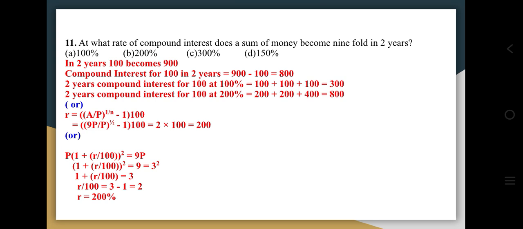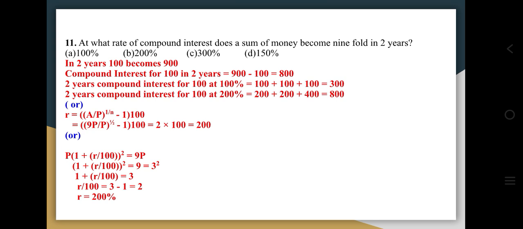So the second year compound interest is 100 plus interest for 100, which is also 100. So 100 plus 100 is the second year compound interest. The first year compound interest is 100, so the 2 years compound interest is 300. So 100% is not the answer.